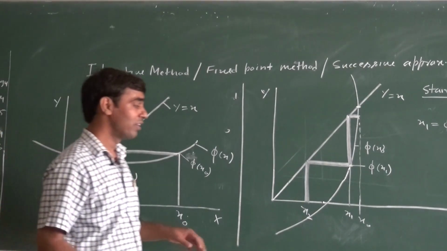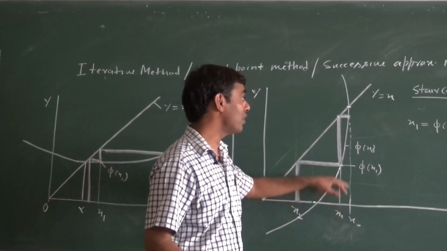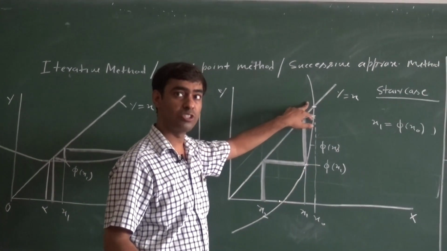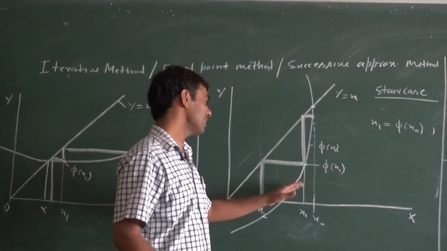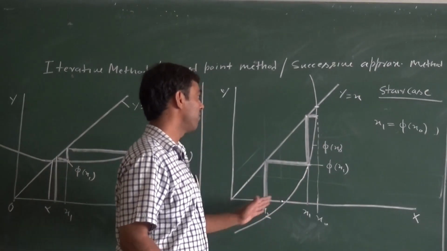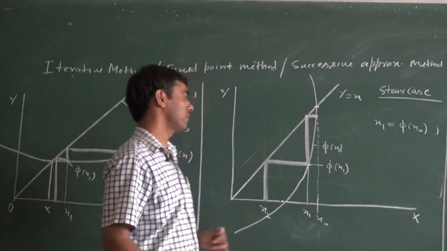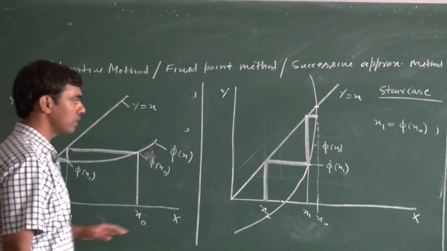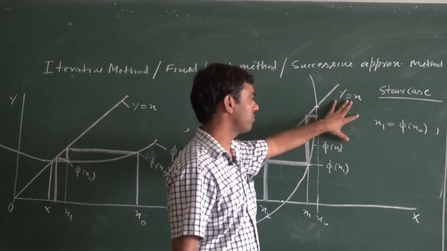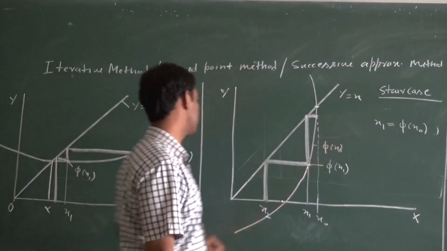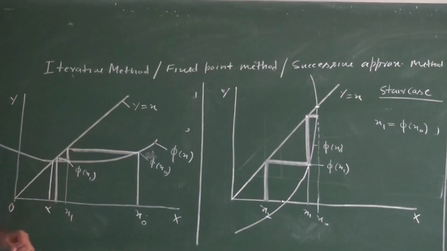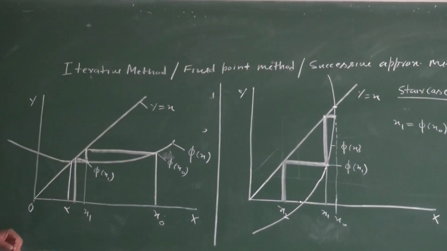But in the other case, we take the initial value nearer to our actual root, but as the iteration proceeds, we move far from it. So this is a case of staircase divergence, and this is a case of staircase convergence.